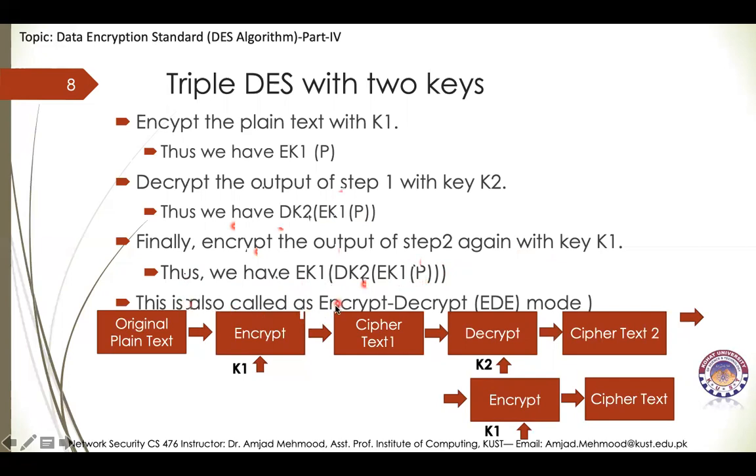This is also called encrypt-decrypt-encrypt or EDE mode. So here you can see that two keys are applied. This is K1, this is a different key, K2, and here K1 is applied again. So DES will be applied thrice, but two keys will be supplied to the three DES operations.